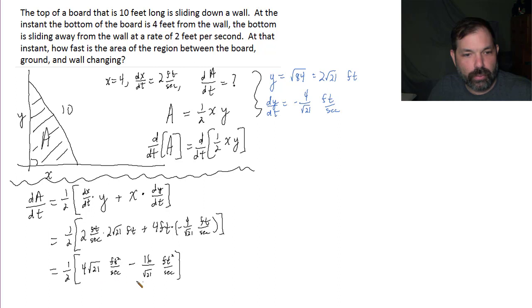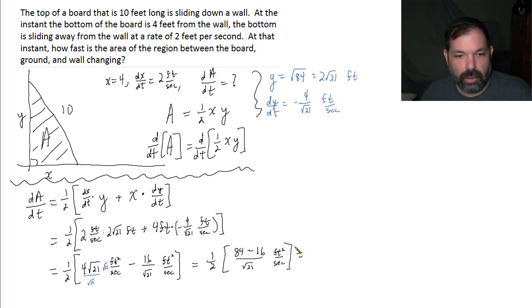Let's get a common denominator of root 21. So let me multiply by root 21 in both the numerator and denominator in the first term here. So then that's 1/2 of 4 times 21 is 84, 84 minus 16 over root 21 square feet per second. 84 minus 16, that is 68.